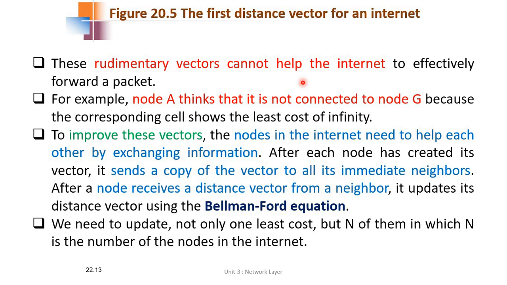So to improve your connections and to develop your network in the internet, we are supposed to transfer the information about you to the nearby neighbors. That's very, very important. So we have to exchange your information with the nearby routers. You're going to share a copy of your vector with the immediate neighbors.